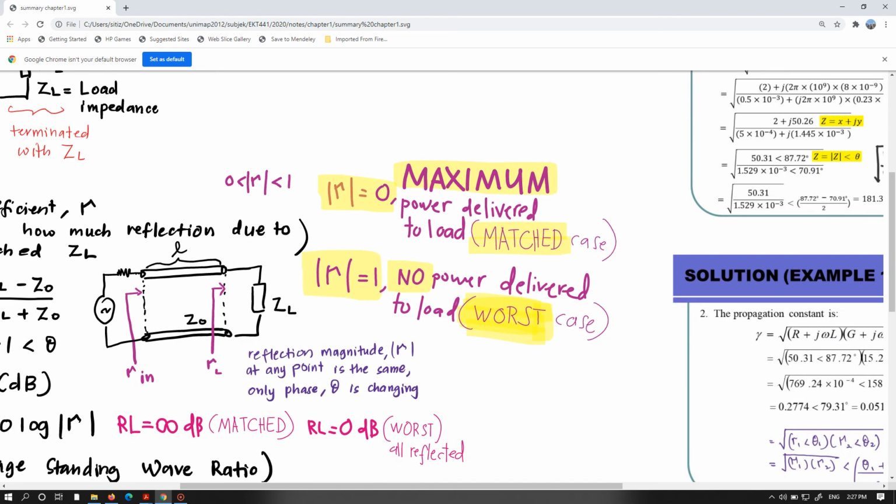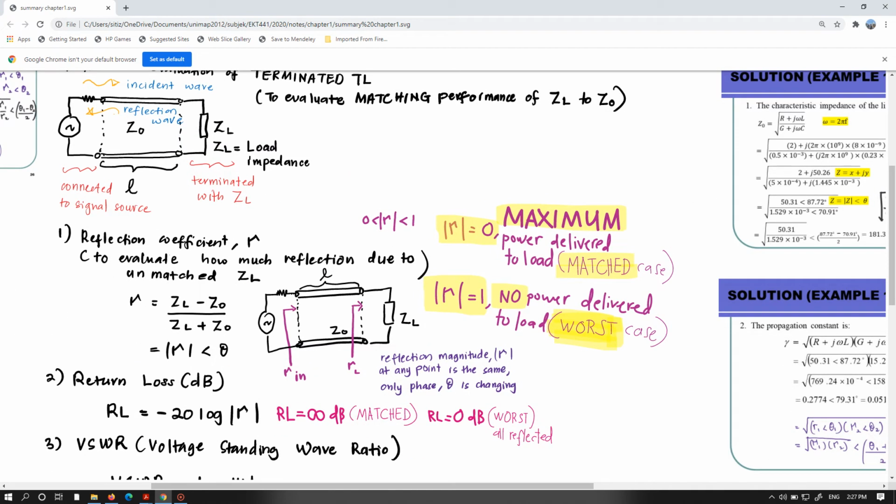That's how we evaluate from the value of the reflection coefficient. If you get 0, your load impedance is really matched with your transmission line characteristic impedance. If equal to 1, it is the worst case, not matched at all. If between 0 and 1, a certain percentage of power is reflected back to the signal source.